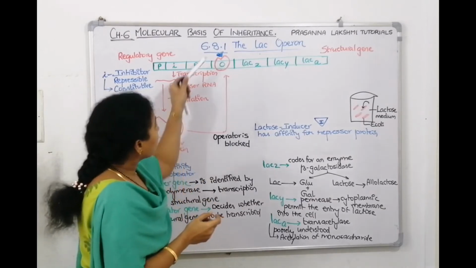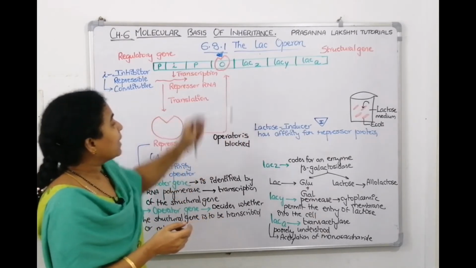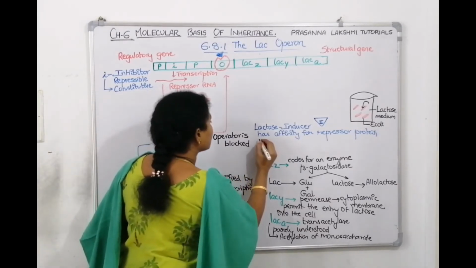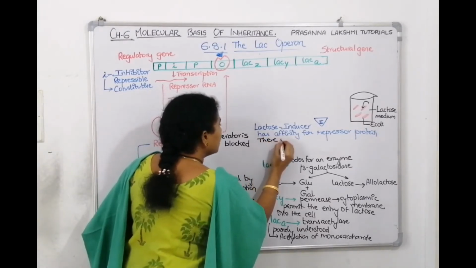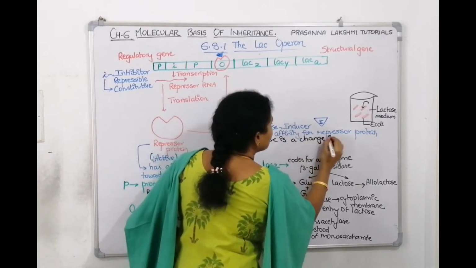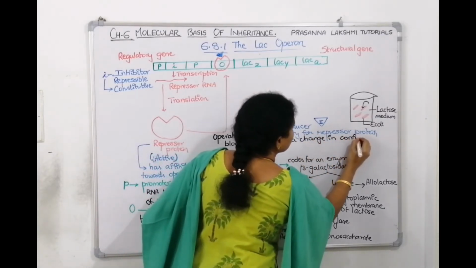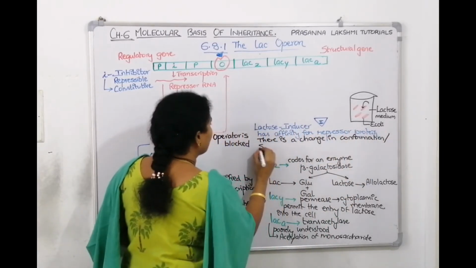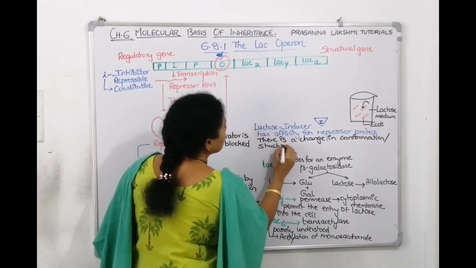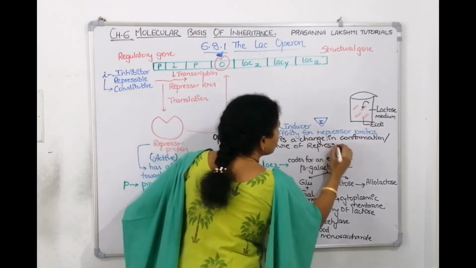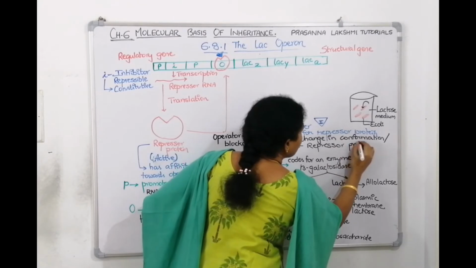When lactose binds to the repressor, there is a change in the conformation. What do you mean by conformation? Structure. There is a change in the structure of the repressor protein.